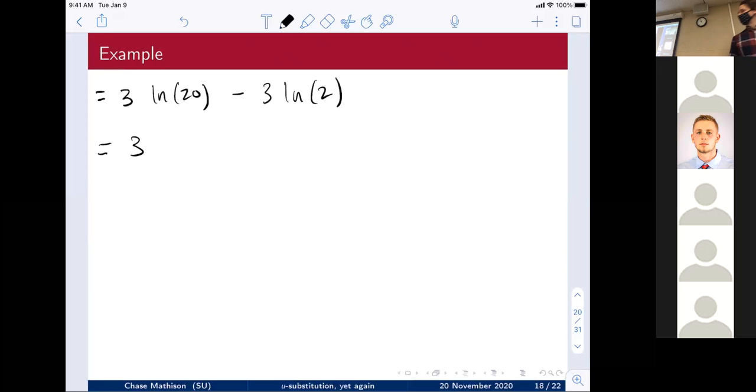Okay. We can do a little more simplification. Both of these have a 3 in common. I'm going to factor that out. This is 3 times the natural log of 20 minus the natural log of 2. And then what can I do with the natural log of 20 minus the natural log of 2? And don't say that it's the natural log of 18.